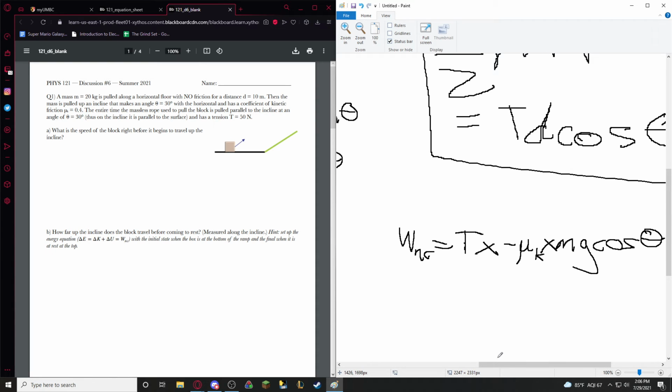So that's the total non-conservative work. And then we write that is equal to delta K plus delta U. What's the total change in kinetic energy? The kinetic energy wouldn't change because it's being pulled at a constant speed.